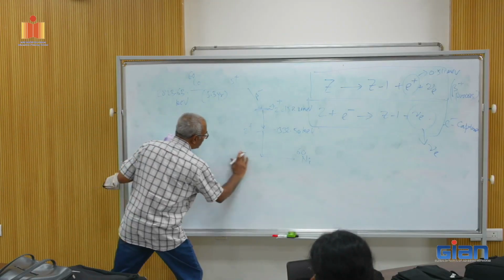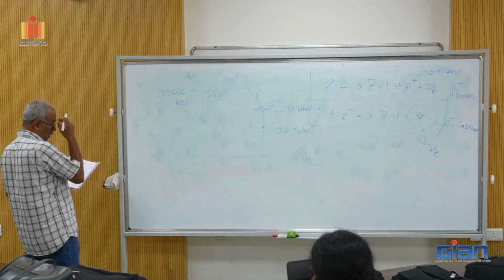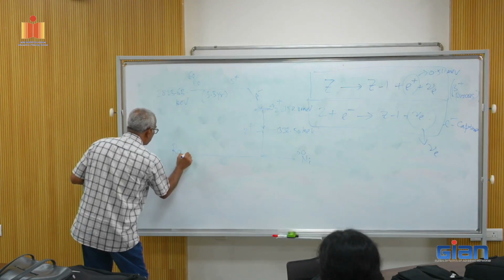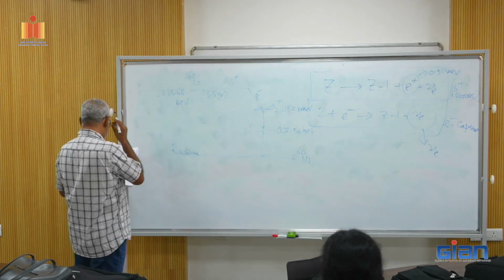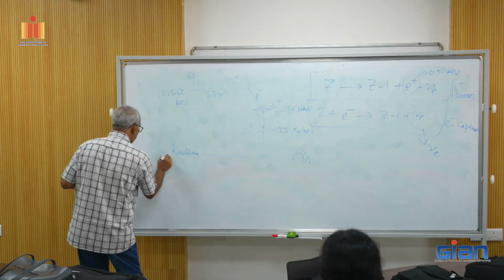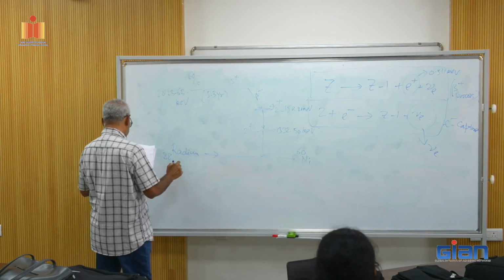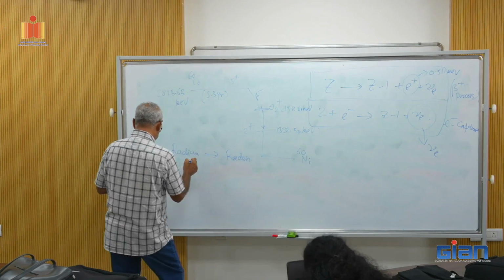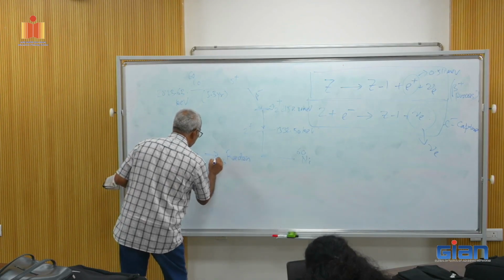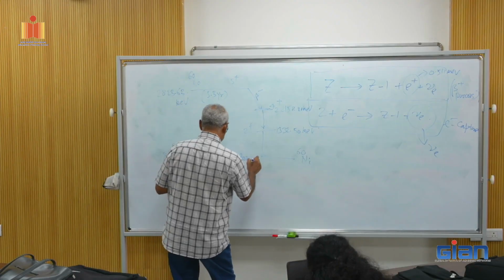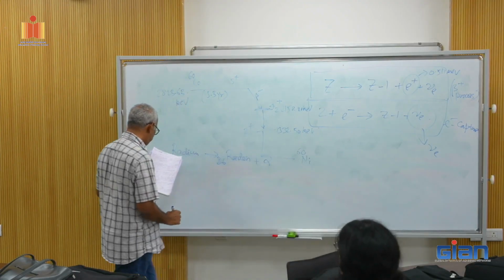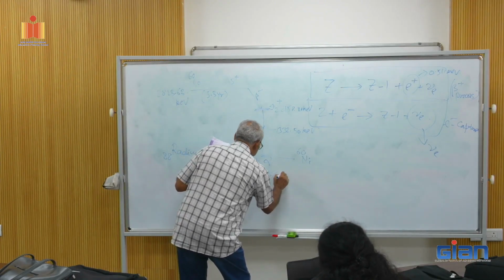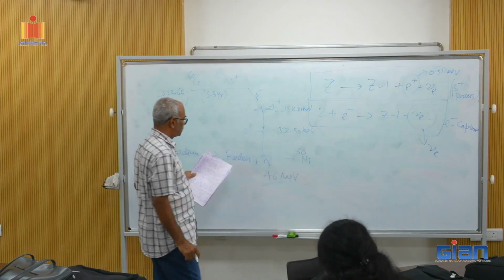So one of the possible examples where you can see alpha emission is radium 88 going to radon 86 plus an alpha particle, with emission of 4.6 MeV energy.